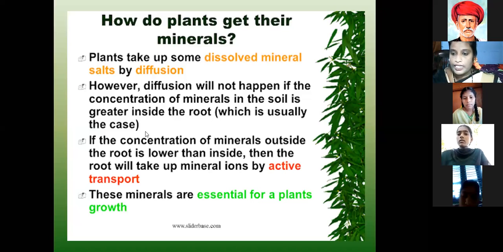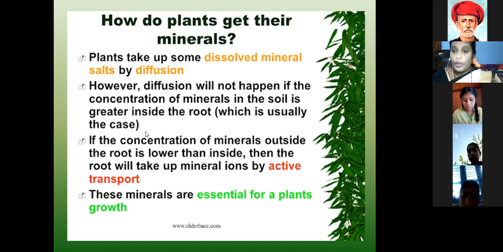Can you understand how they get the minerals? The soil has minerals and water, so they will be absorbed. Who will absorb? The roots first absorb, and then transport to the remaining parts.